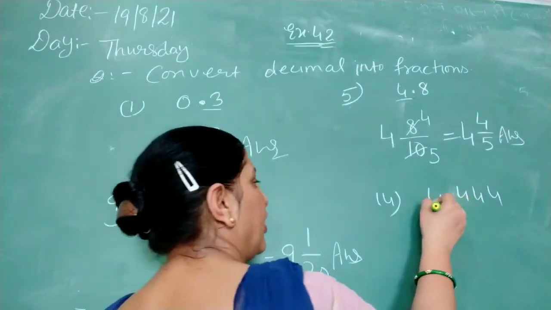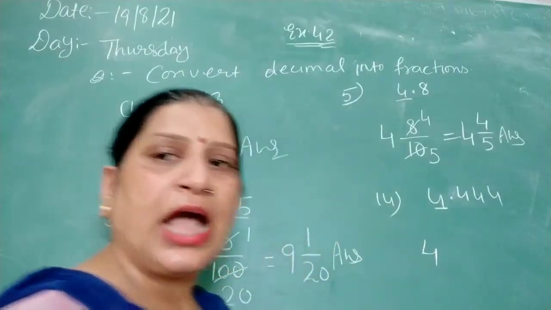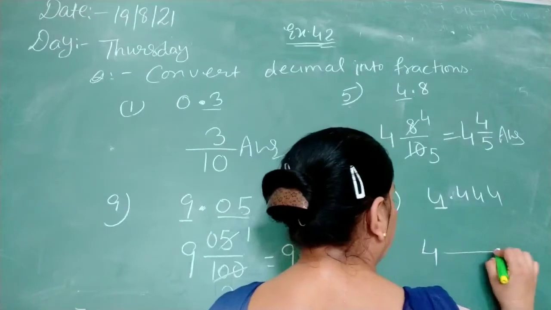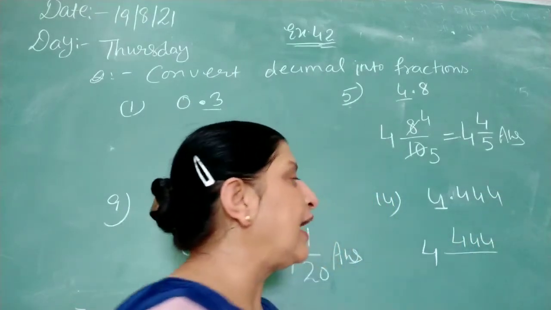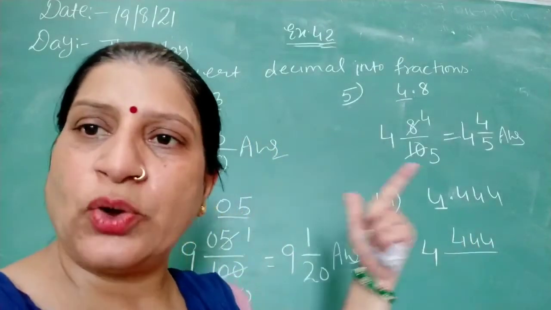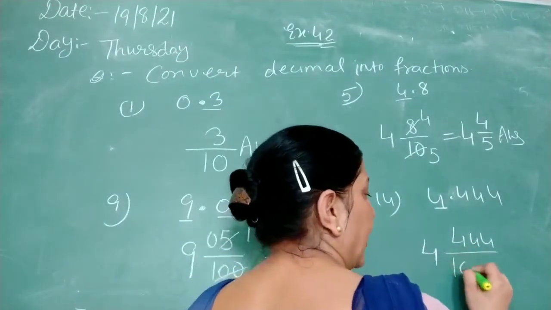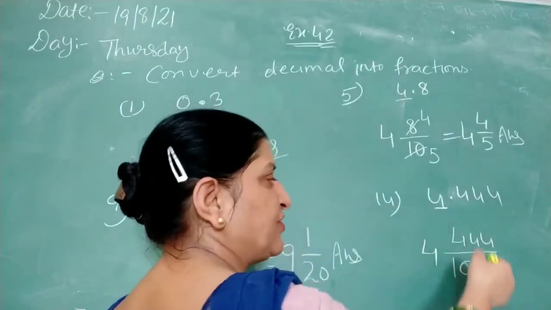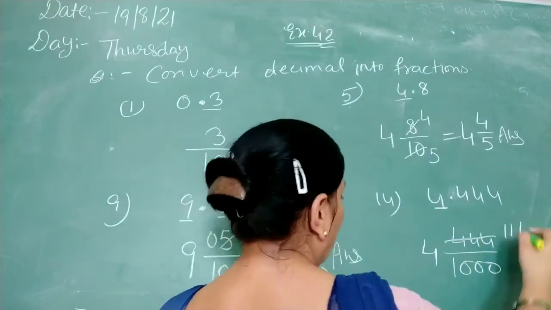In the whole part we have the single digit that is equal to 4 and in the decimal part we have 3 digits, so we draw a line here and write the decimal part here. We see that these are 3 digits, so here we write 1000. Now this number is divisible by 4. 4 1 ja 4, 4 1 ja 4, 4 1 ja 4.